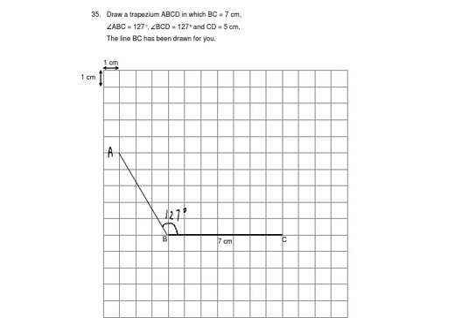Next, I also know that BCD is also 127. So it's something along here. Remember, I need to label D. And this is also 127 degrees.